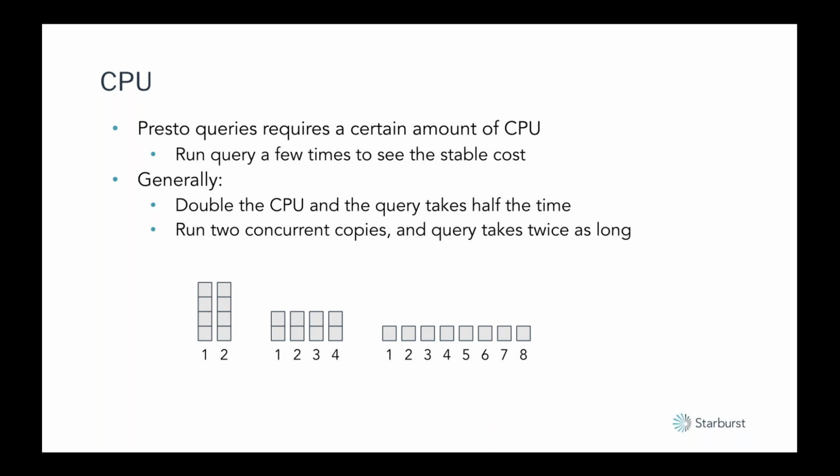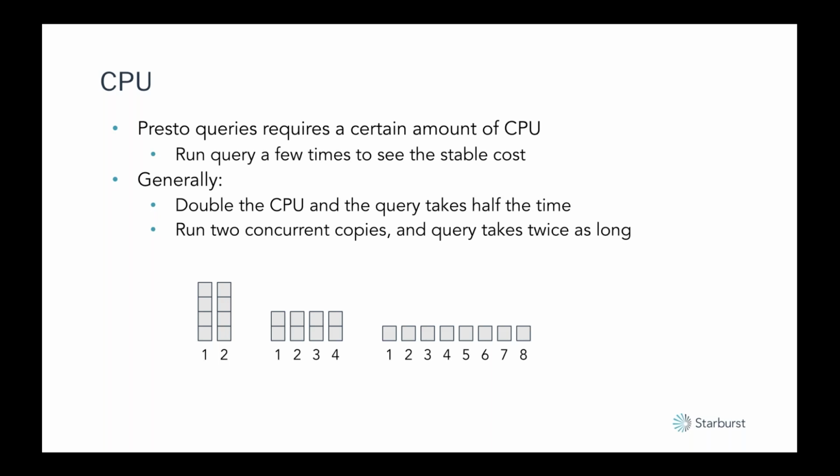If you had 60 cores in your entire cluster, then the query would have run for something like a minute or so, each core allocating a minute of CPU time. Generally, and this is a very broad generalization, if you double the amount of CPU available to a query, it's going to take half the time. Now, there are limits, as I'll show in a second.